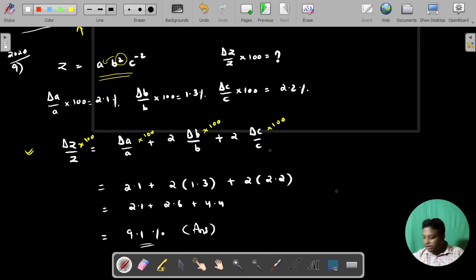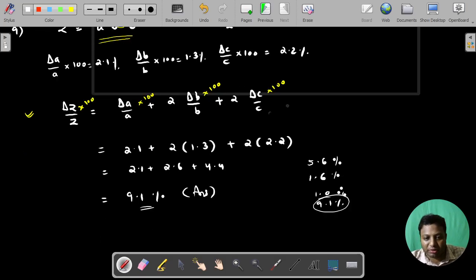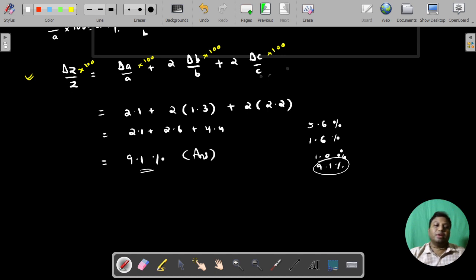The options given in this problem are 5.6, 1.6, 1.0, 9.1%. There is no ambiguity at all, so we can directly choose 9.1% as the answer. Done. Then we shall see other categories of problems which can be asked from the errors concept.